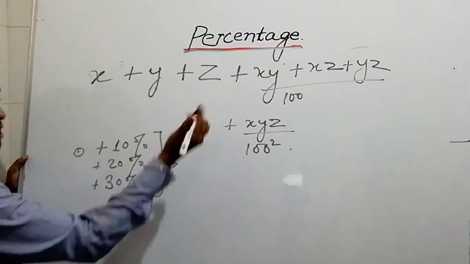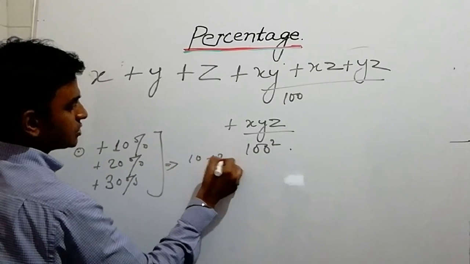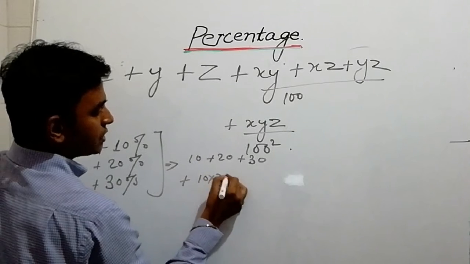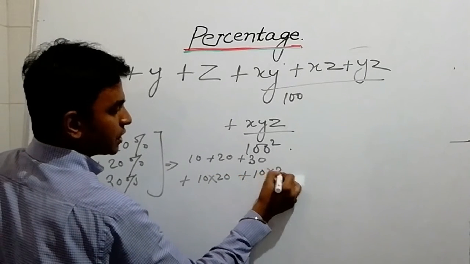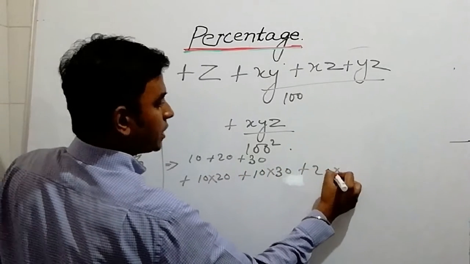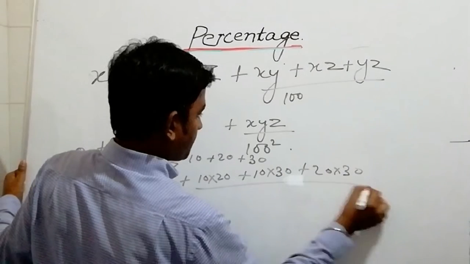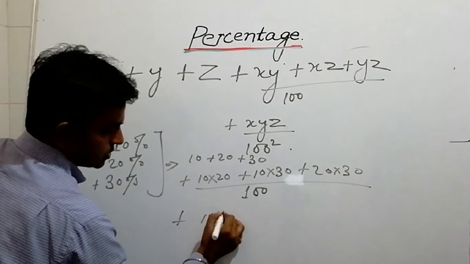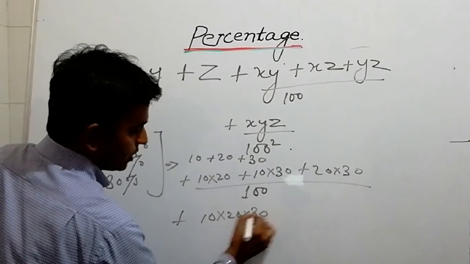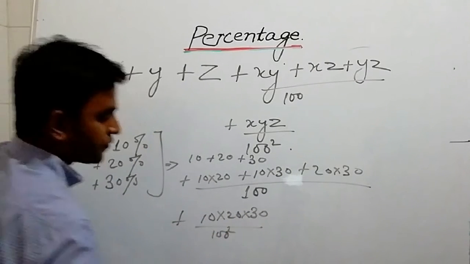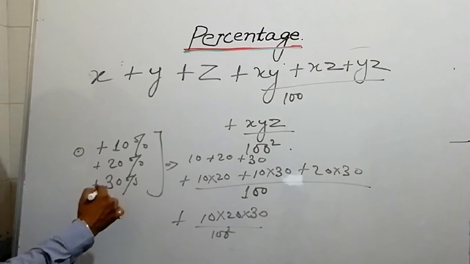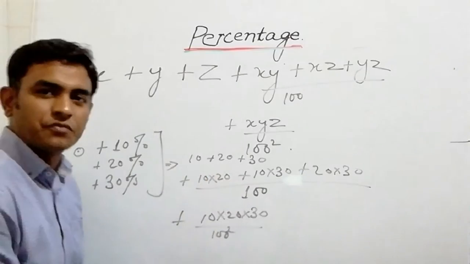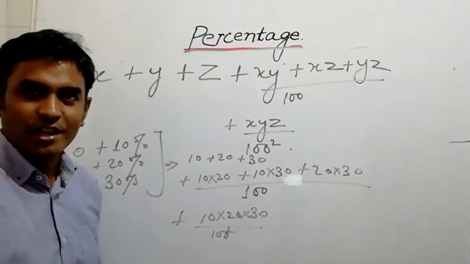Net impact using this formula will be 10 plus 20 plus 30 plus 10 into 20 plus 10 into 30 plus 20 into 30 divided by 100 plus 10 into 20 into 30 divided by 100 square. So आपको सबका इंडिविजुअल इंक्रीज निकाल के फाइनल क्यूमुलेटिव इंपैक्ट निकालने की जरूरत नहीं. You simply use this formula to arrive at the final answer. Okay?